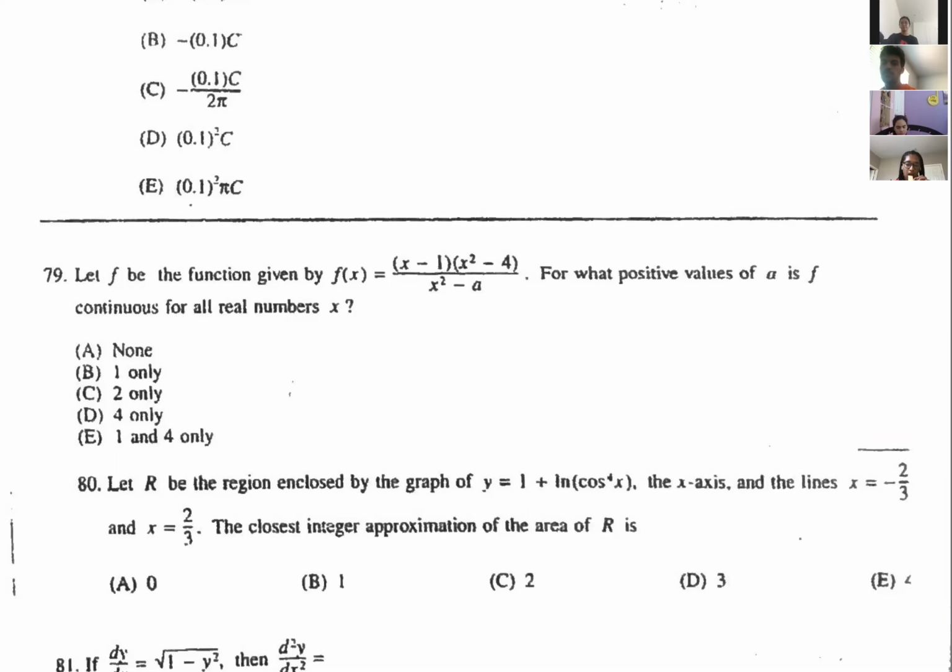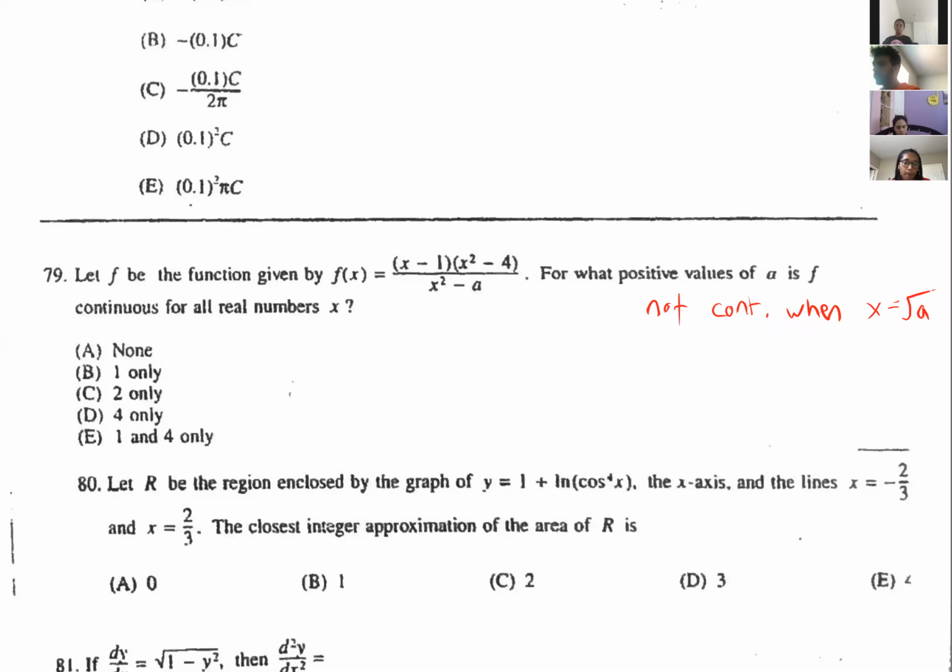Well, aren't there holes at like 1 and 4? Let's see, well at 1, if x equals the square root of A, it wouldn't be continuous, because that would cause 0.